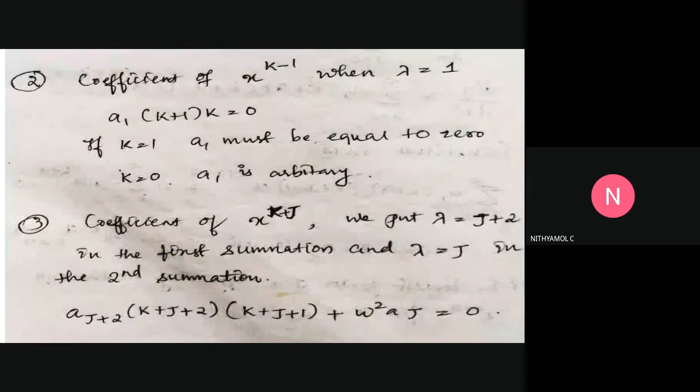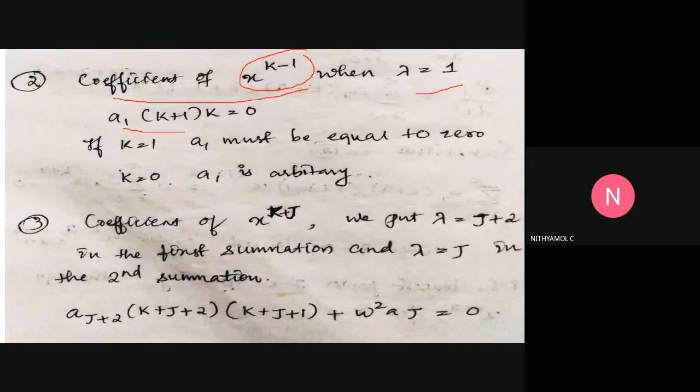The next step is the coefficient of x to the power k minus 1. In the equation, instead of lambda is equal to 0, we can put lambda is equal to 1. Then the coefficient of x to the power k minus 1 is a1 into k plus 1 into k is equal to 0.